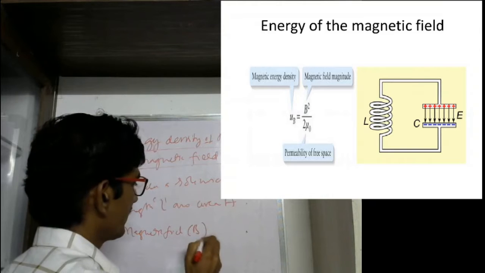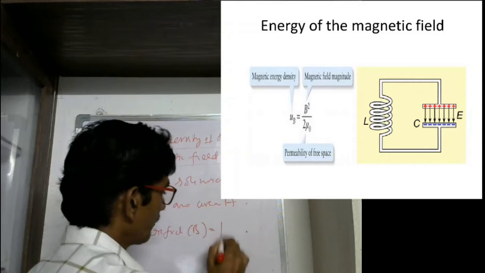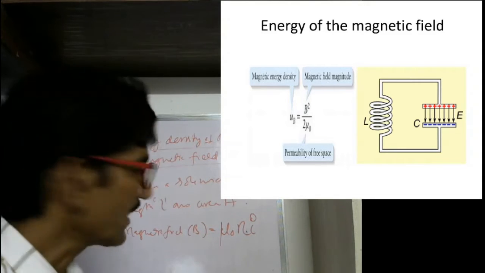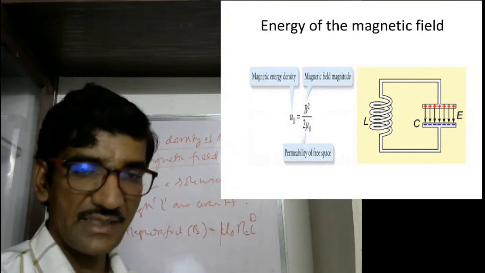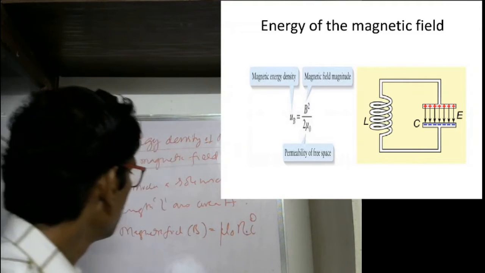The magnetic field is equal to mu naught N i, where i is the current flowing through the inductor.